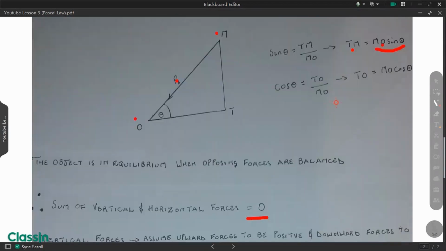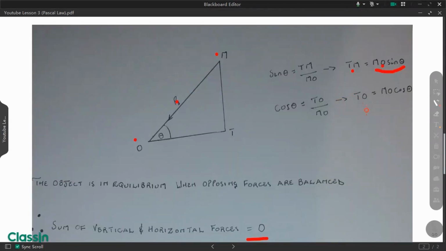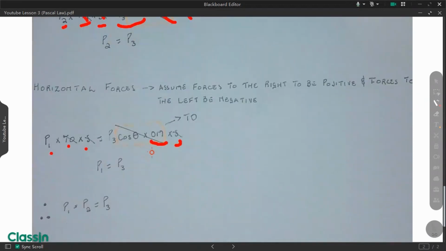Now let's go down a little bit where we zoom the angle. So how much is TO? TO is equal to MO cos theta, right? So we have MO cos theta, which is equal to TO. This value, which is equal to TO, cancels the TO, and then the thickness cancels out.